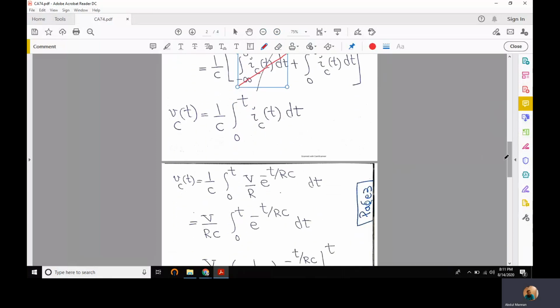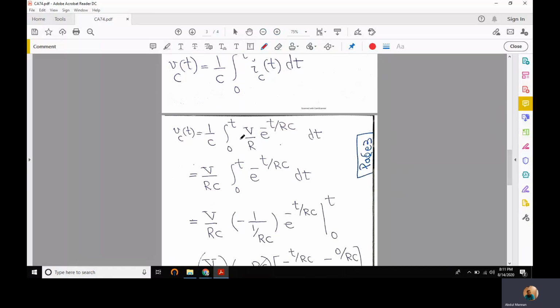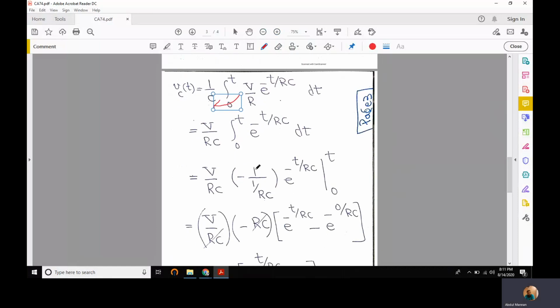So now plug the value of ic of t that we computed in the last lecture, v over r e to the minus t over rc, and this v over r is a constant. We can take it outside of the integral, v over rc, and then we compute the integral for this exponential term. Minus 1 over rc should be written in the denominator, and we write the same integral once again.